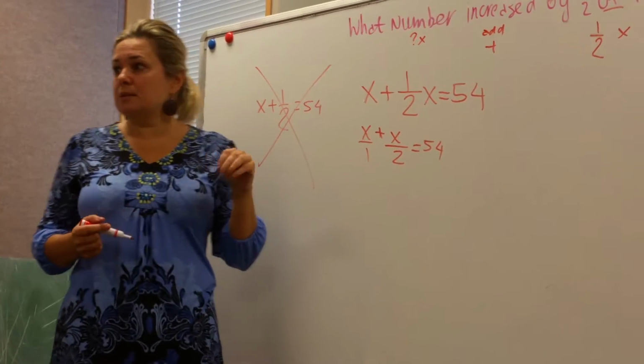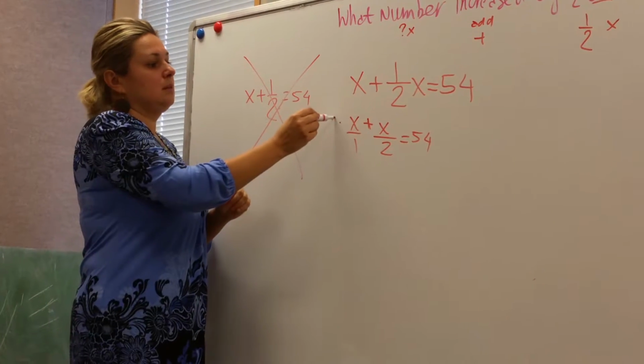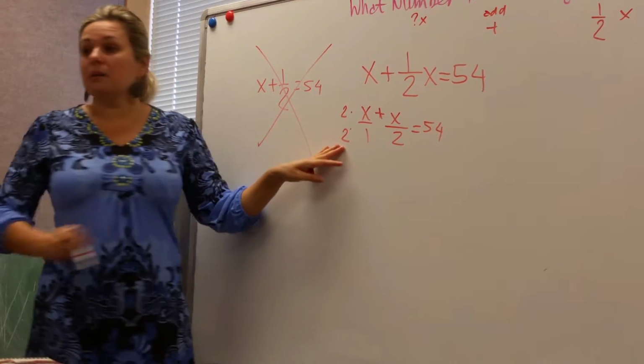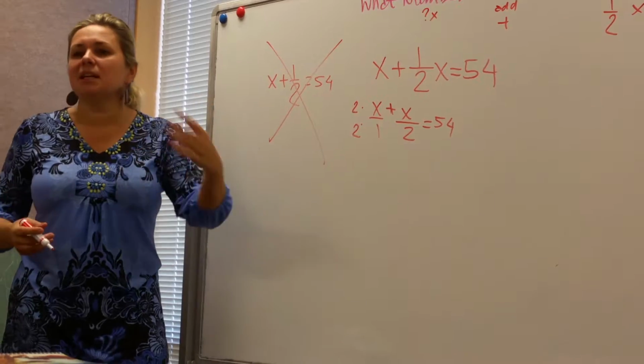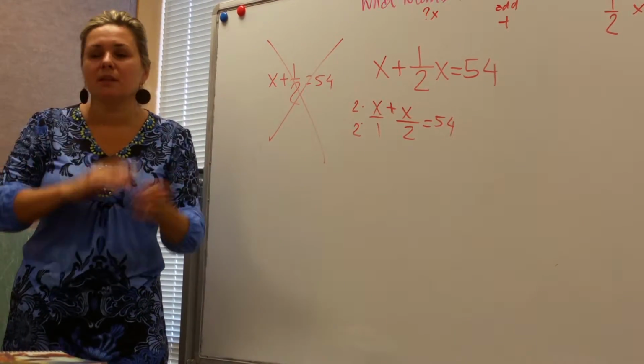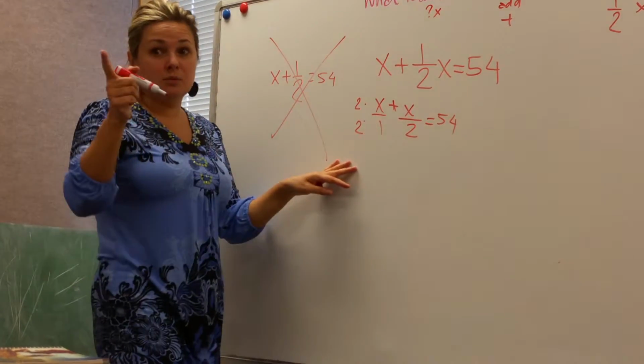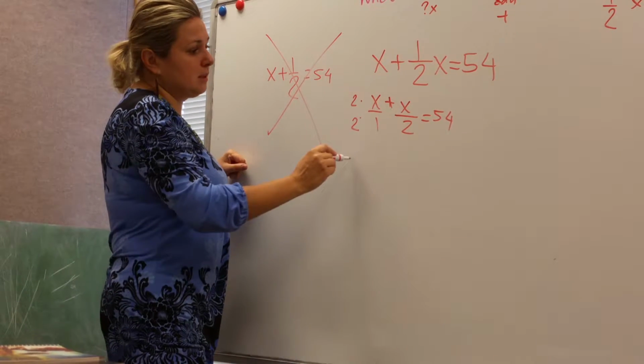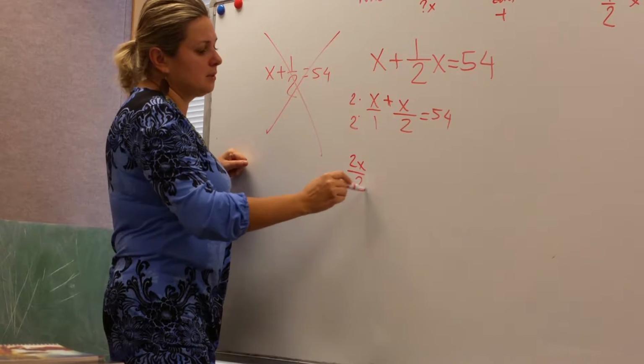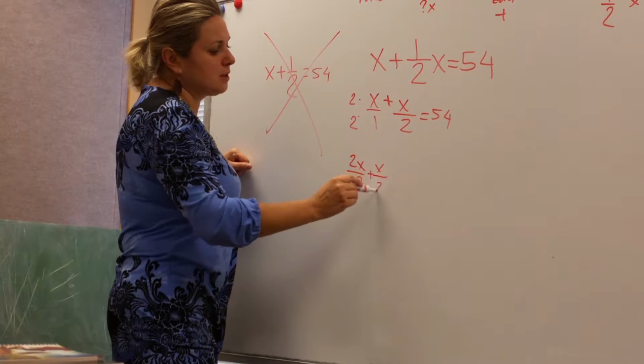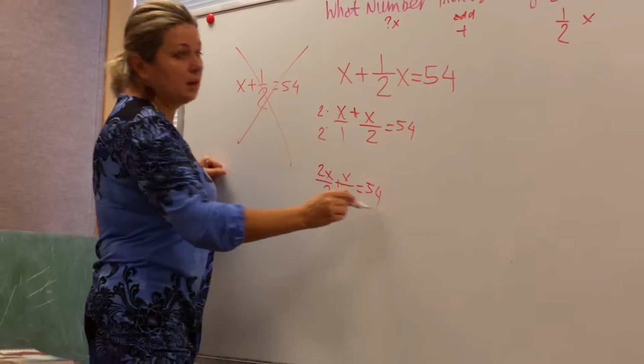Okay, how do we do that? Does that ring a bell? Yeah. We're just getting into the groove of remembering everything that we studied last year, right? You're supposed to be writing. Okay. So that will become 2x over 2 plus x over 2 equals 54.